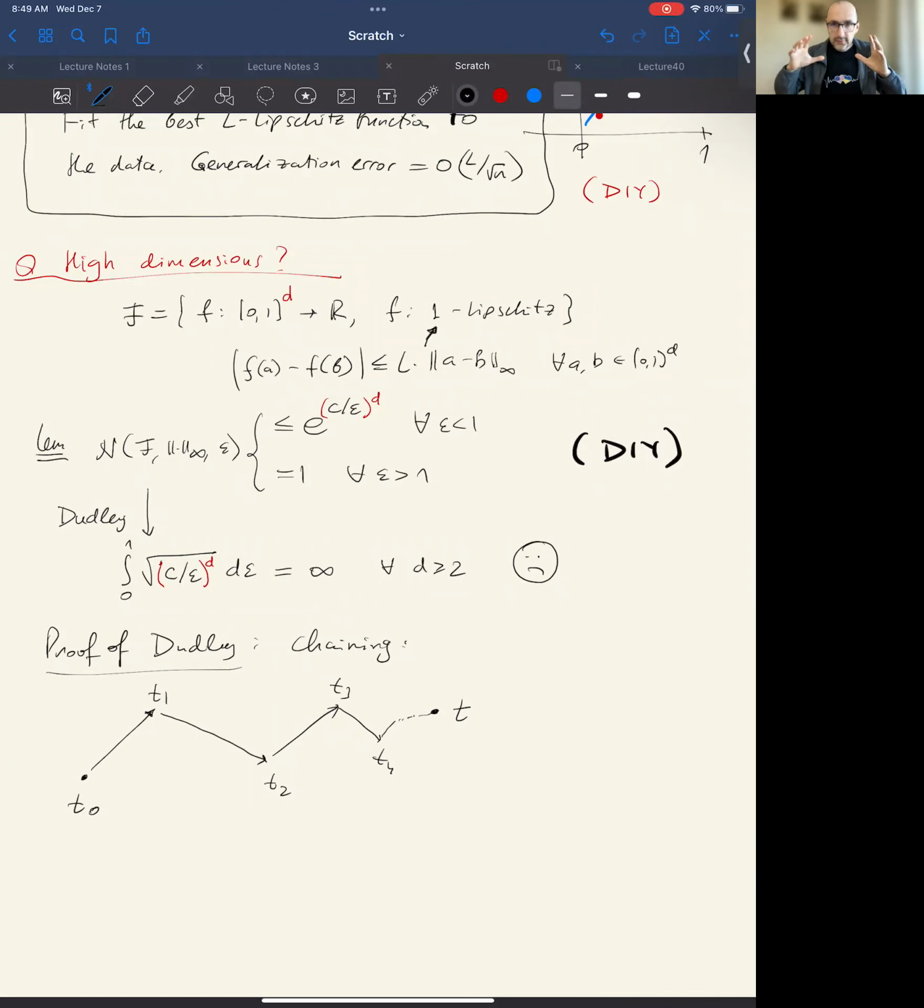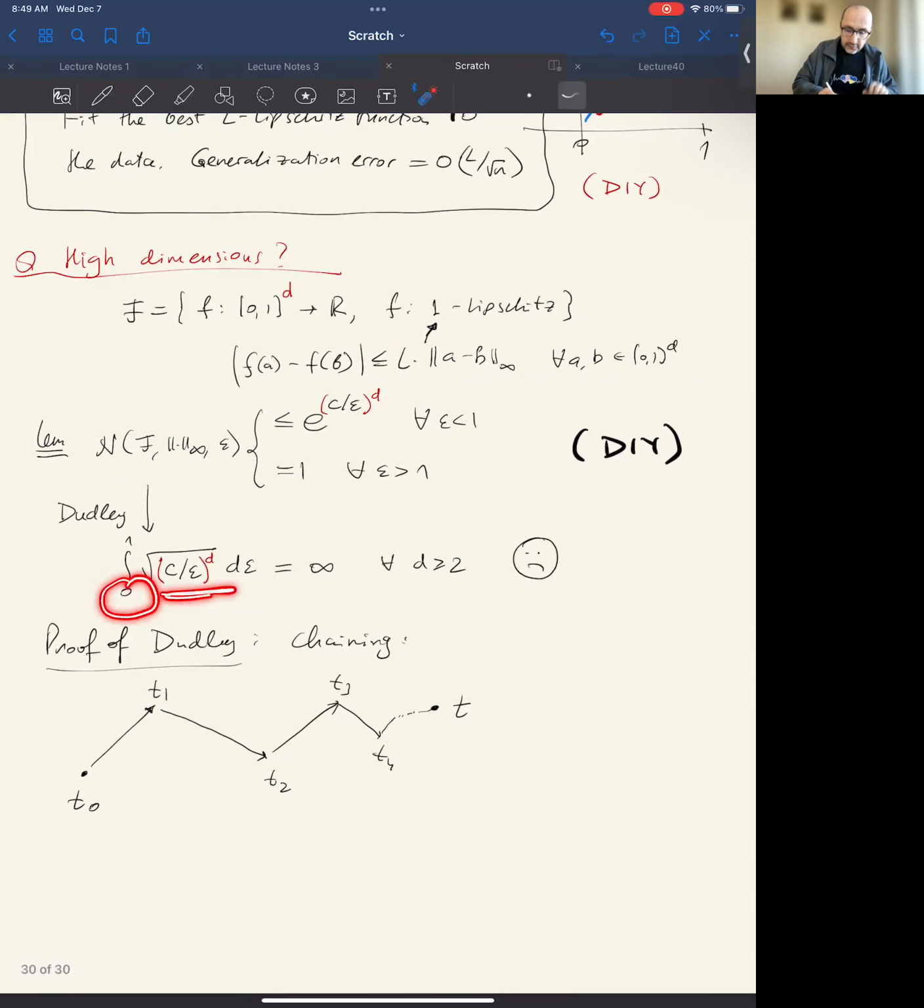In this chaining, epsilons become smaller and smaller. So we get a better and better approximation, we get closer and closer to t. And that is where the problem is. The problem is that this integral is not integrable at small epsilon. So something bad happens as we approach t. To fix that, here's a very, very simple idea.